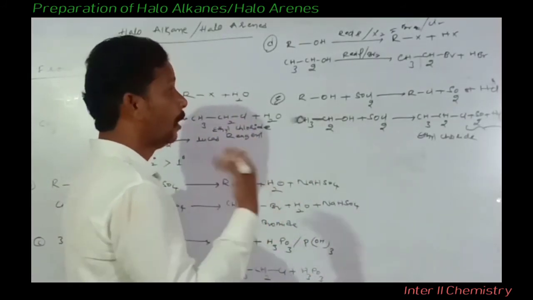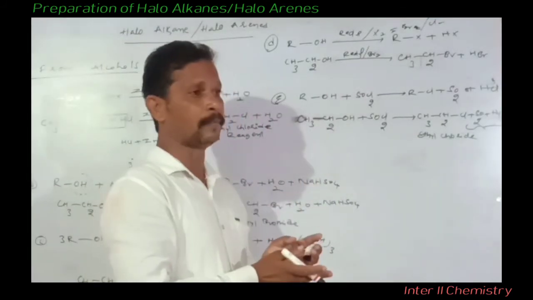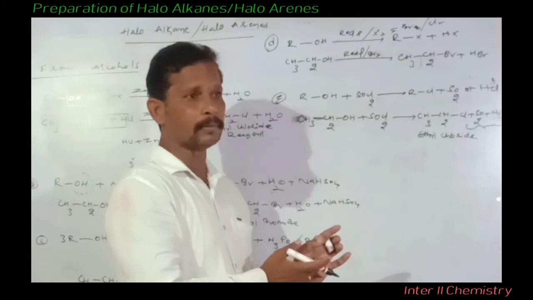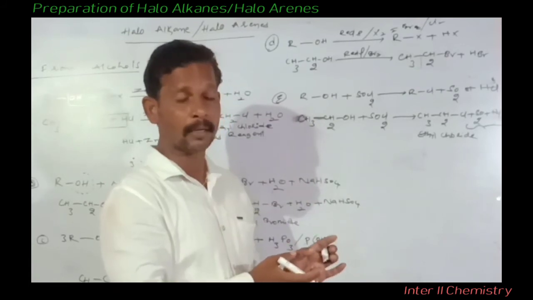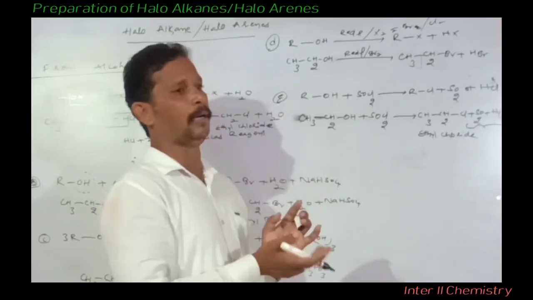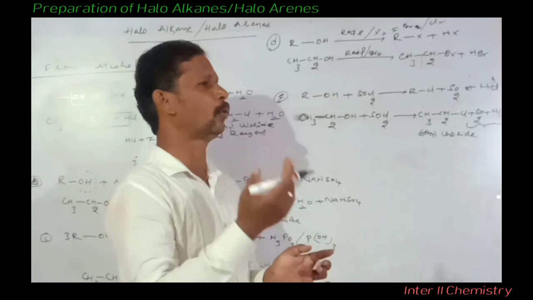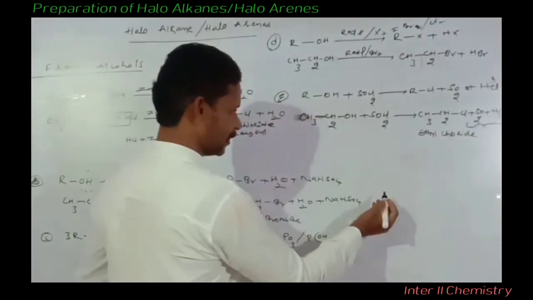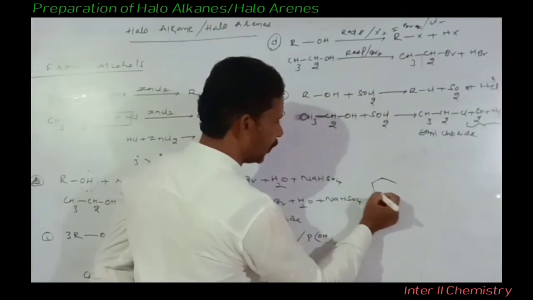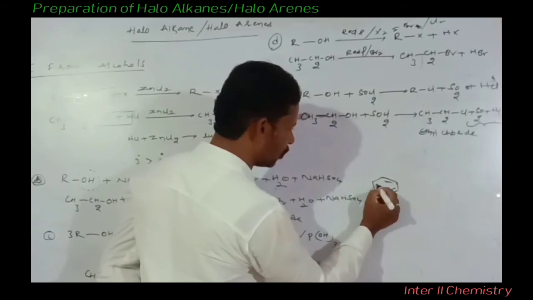Because if you want to prepare aryl halides in this reaction, you have to take phenol, which is an aromatic alcohol. In this aromatic alcohol, there is double bond character between the benzene ring carbon and the oxygen. For example, here it is phenol, an aromatic alcohol.